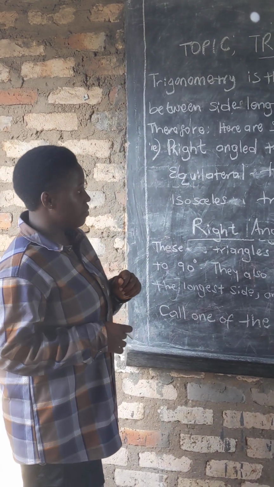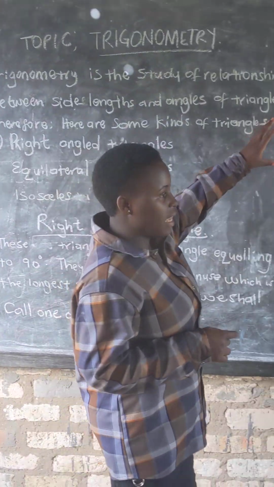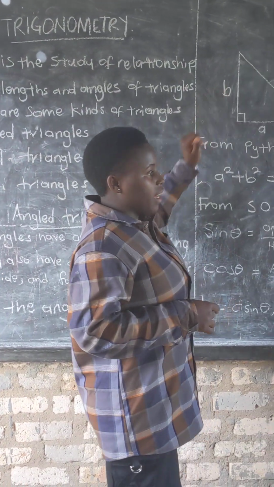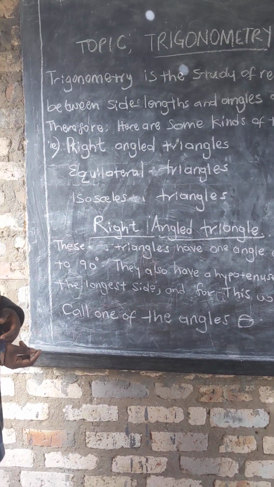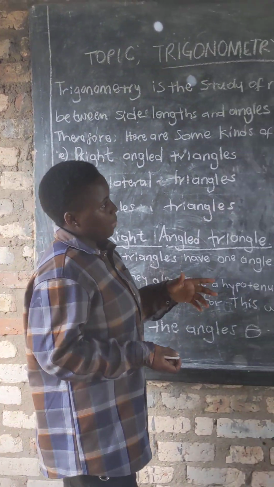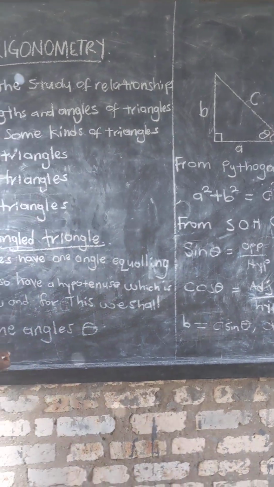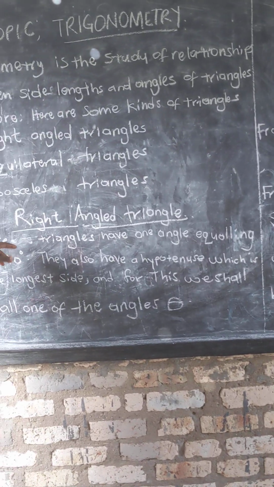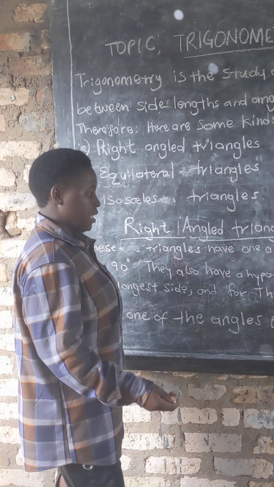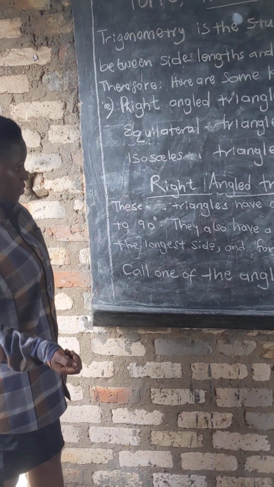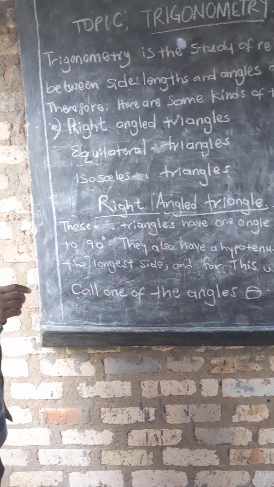Here we are going to exploit the right angle triangle further. As shown on the figure, it has one angle that makes 90 degrees. By definition, right angle triangles are triangles having one angle equal to 90 degrees.